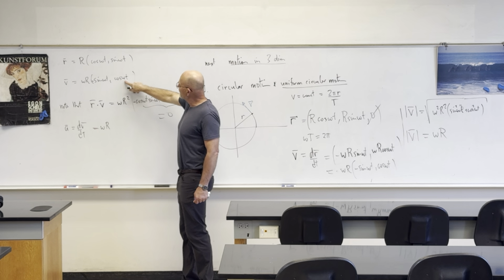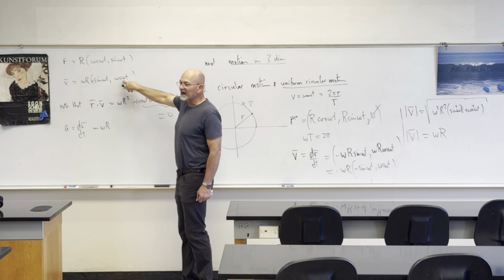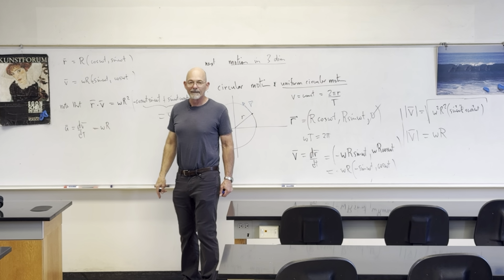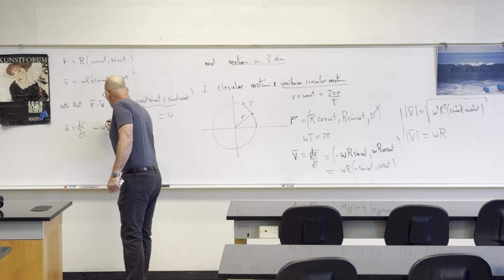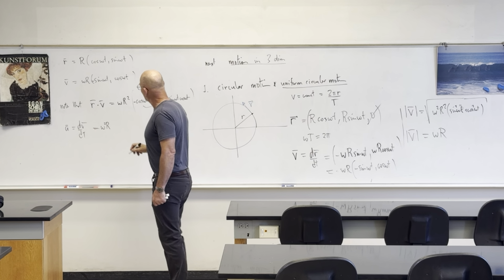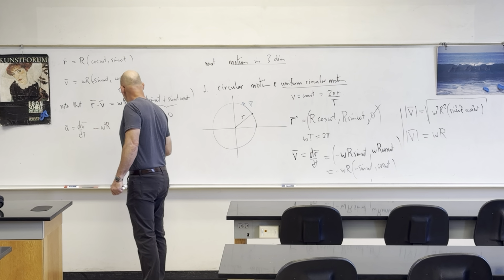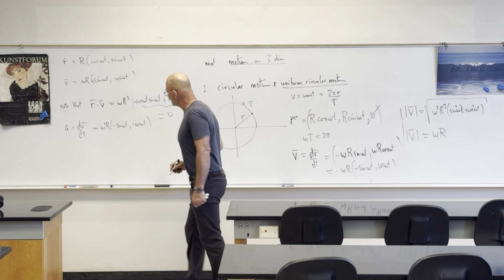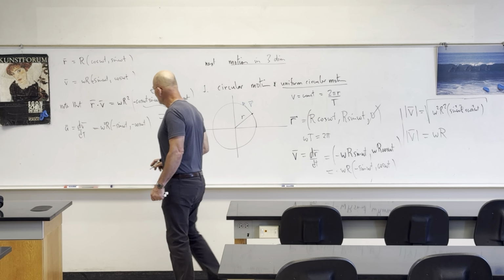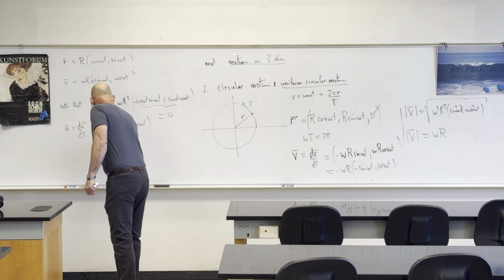This one I'm going to pick up a minus sign and bring out omega. Right? So when I do that, I get another omega here. And minus sine omega t, minus cos omega t. Let's clean that up. We have minus omega squared R.